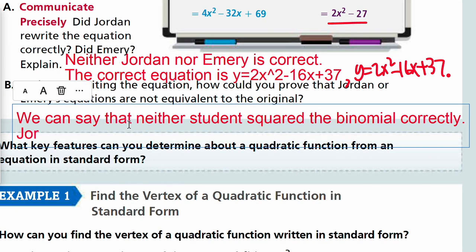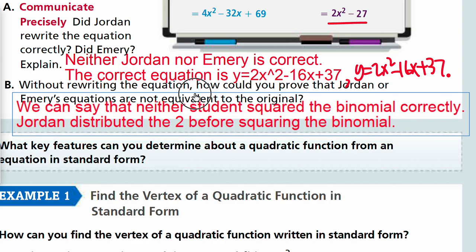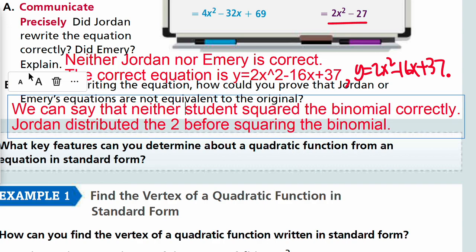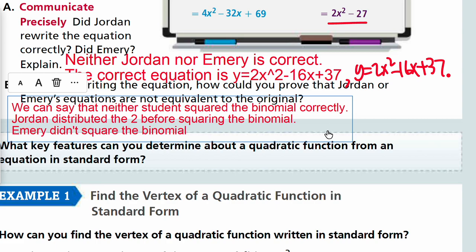Jordan distributed the 2 before squaring the binomial, and Emery didn't square the binomial correctly.